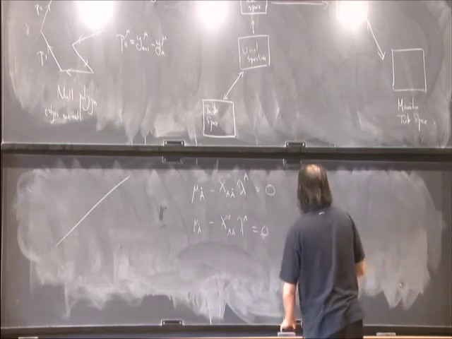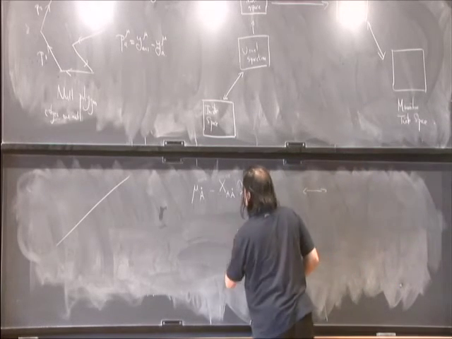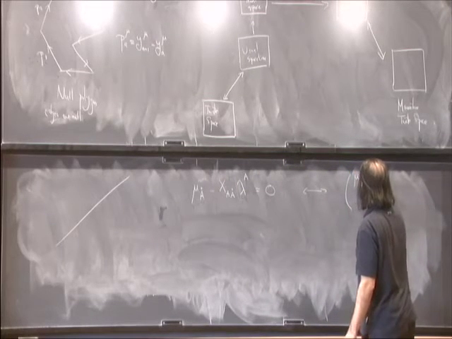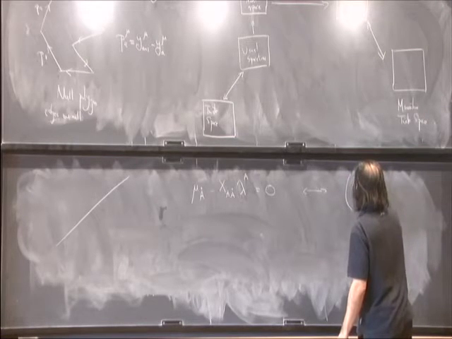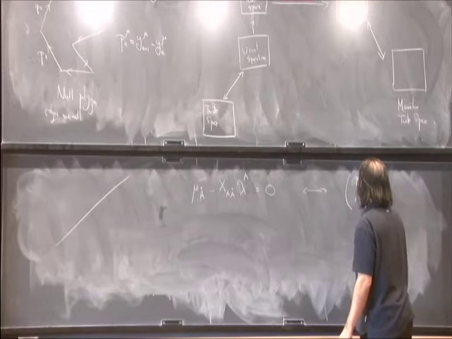So therefore, I have a correspondence between a null line and this four-dimensional object.